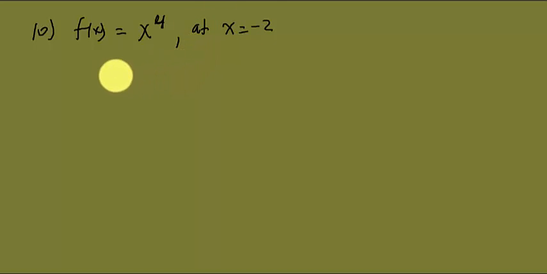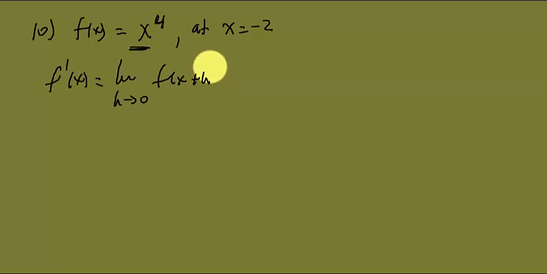First, we're going to find the slope of this curve at any given point. To do that, we're going to find the derivative, and I'm going to use the limit as h goes to 0 of f of x plus h minus f of x, all that over h. You have to state that.